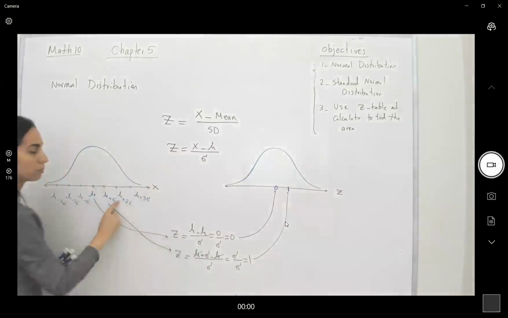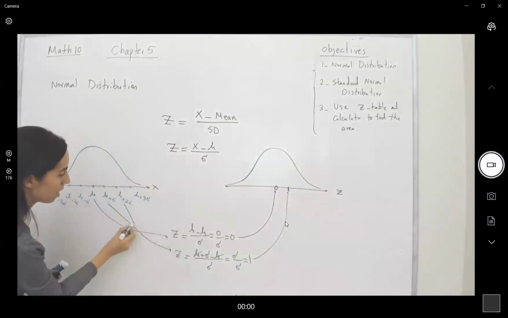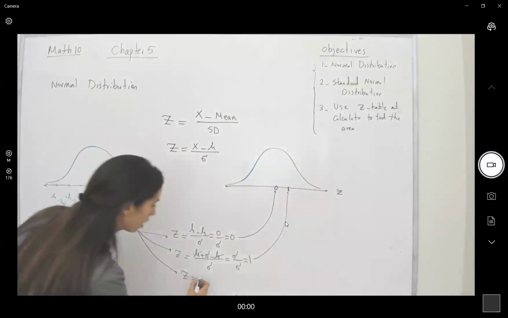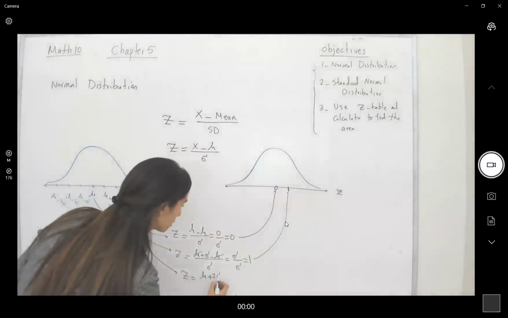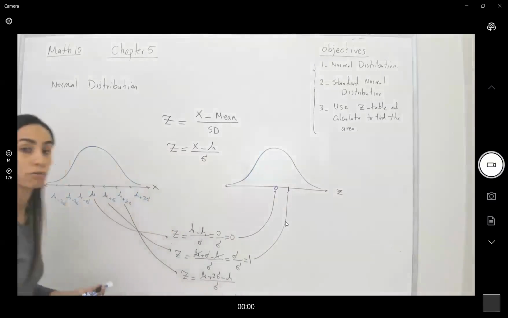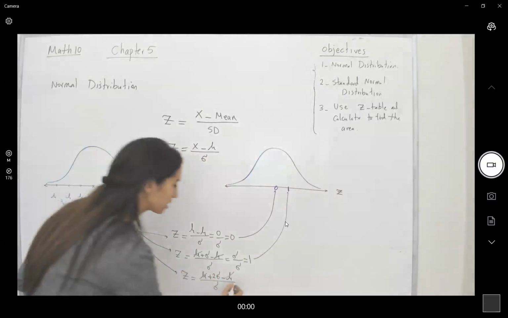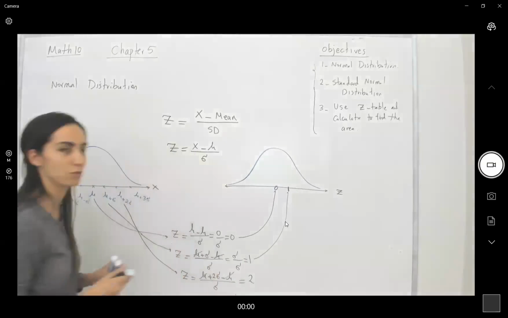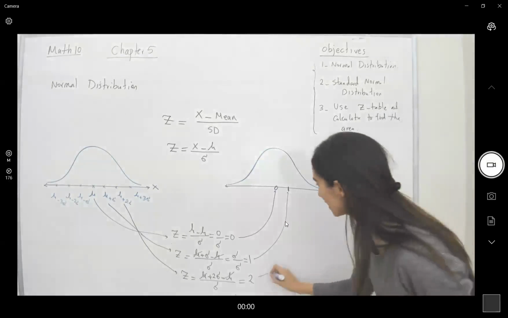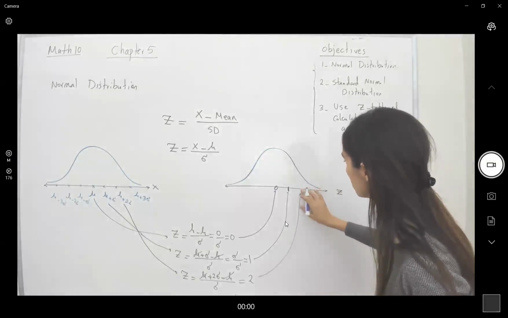What's your guess for mu plus 2 standard deviations? If I plug in mu plus 2 standard deviations into the z formula, I have mu plus 2 standard deviations minus mu, divided by standard deviation. I can cancel out mu and mu, and I get 2 sigma divided by sigma, which is 2. So my next number on the horizontal axis is 2.